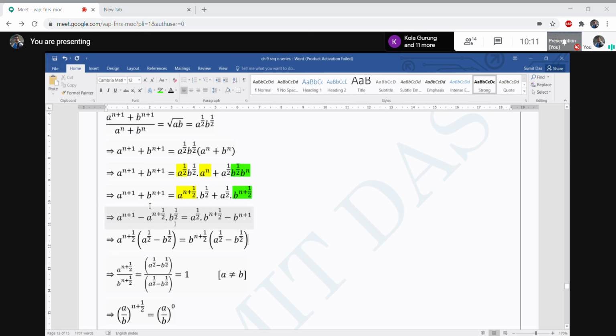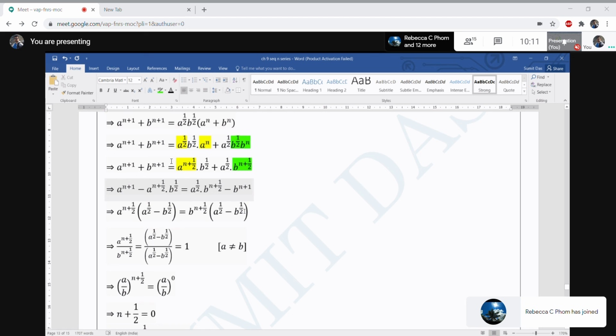Now what I'm doing, I'm taking a to the power n plus 1 by 2 into b to the power 1 by 2 to the left hand side, and I'm taking b to the power n plus 1 by 2 to the right hand side. Okay, so what will we get now from this?